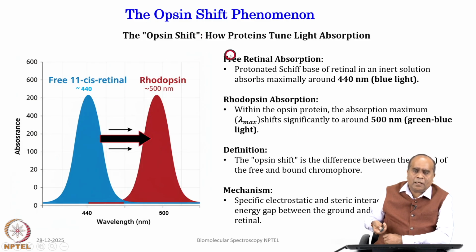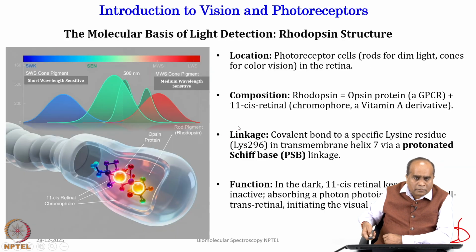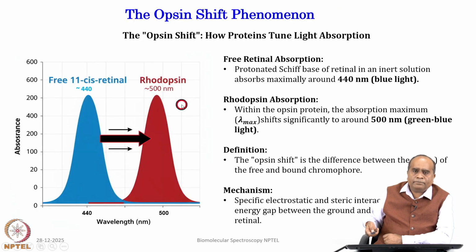So, in free retinal absorption, that means this chromophore that we had here, the free chromophore, the protonated Schiff base of the retinal, is inert in solution and absorbs maximally at 440 nanometer, right.